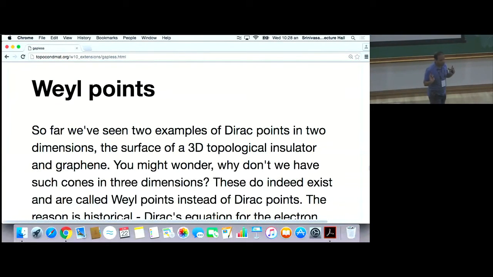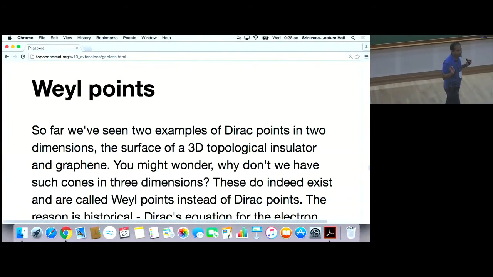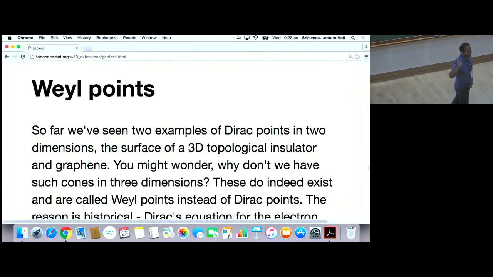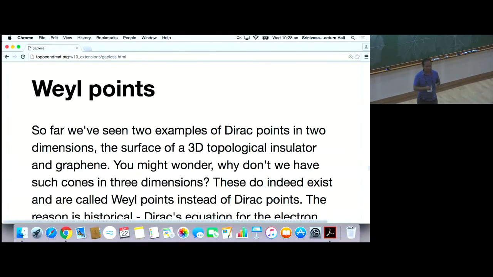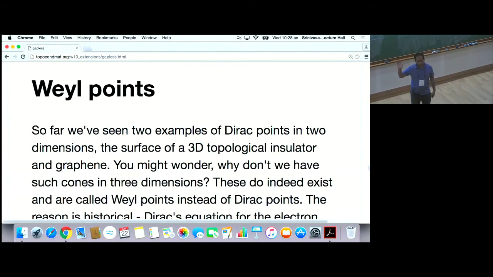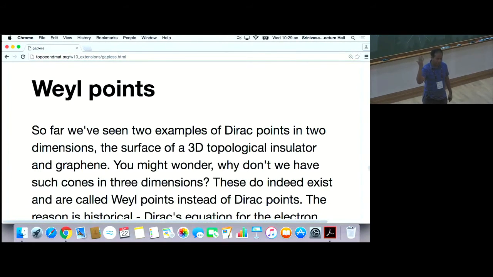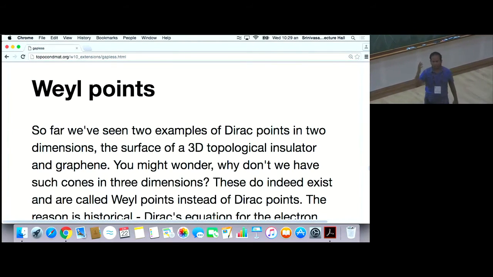The two features of the 3D topological insulator that we will take over are: we have a 3D bulk Hamiltonian, and if you fix certain momenta, then you can think of the resulting two-dimensional Hamiltonian as a topological class, as a quantum spin Hall system.